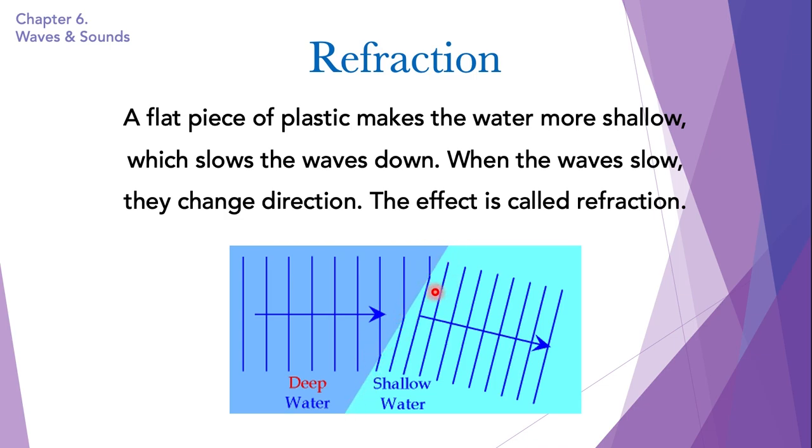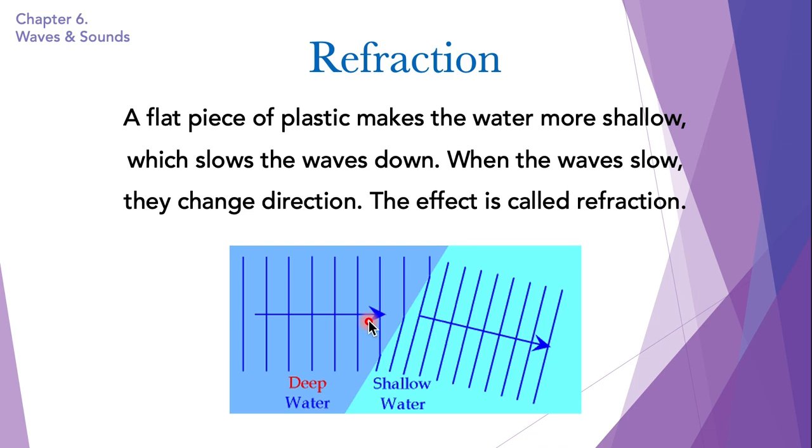If the plastic was laid parallel to the wave fronts, then there would have been no change in direction. The waves would have just slowed down, which means the wavelength must have changed, but the direction would not have changed. Frequency means number of oscillations per second. Wavelength means distance between wave fronts, and speed means distance per second.